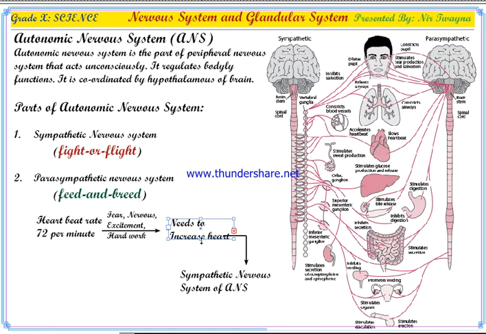Any confusion up here? Okay, in such a condition, the heartbeat rate needs to be increased, and who does that? The sympathetic nervous system. The sympathetic nervous system increases the heartbeat. Okay, I get that much.